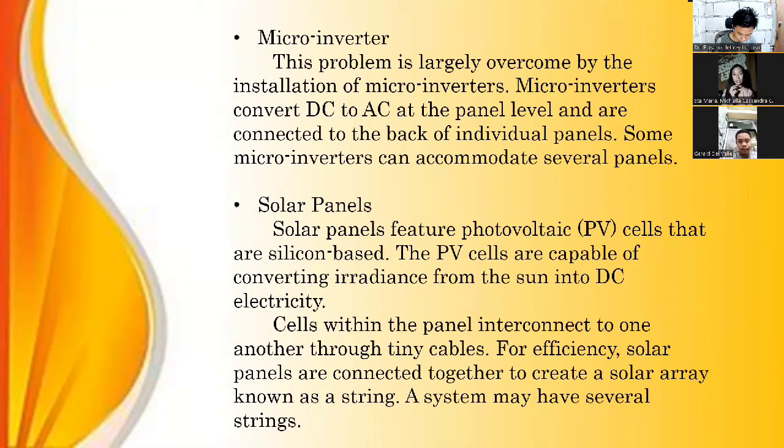Solar panels feature photovoltaic cells that are silicon-based. The PV cells are capable of converting irradiance from the sun into DC electricity. Cells within the panel interconnect to one another through tiny cables. For efficiency, solar panels are connected together to create a solar array known as a string. A system may have several strings.